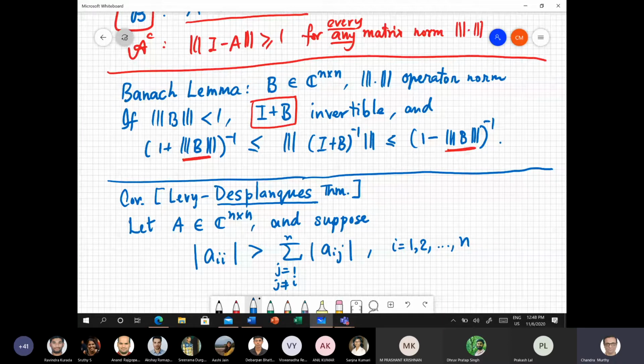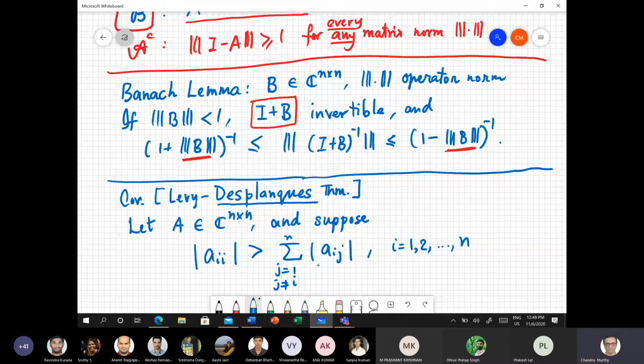What does this mean? It means that if I take the diagonal entry and compare it with the sum of the magnitudes of all other entries in the same row, across all other columns, then the diagonal entry's magnitude is strictly bigger than the sum of all other entries in magnitude in the same row.